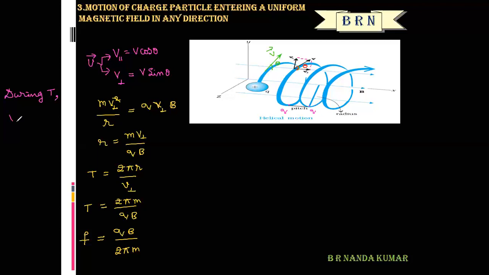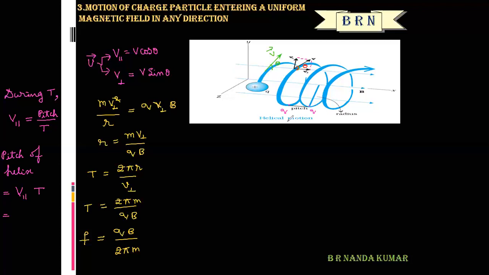So the parallel component of velocity is distance over time. Actually here the distance is the pitch, and the time taken is capital T. So the mathematical expression for pitch of helix, this is a very important mathematical expression: pitch of helix is equal to the parallel component of velocity into the time period. What is the meaning of pitch of helix?